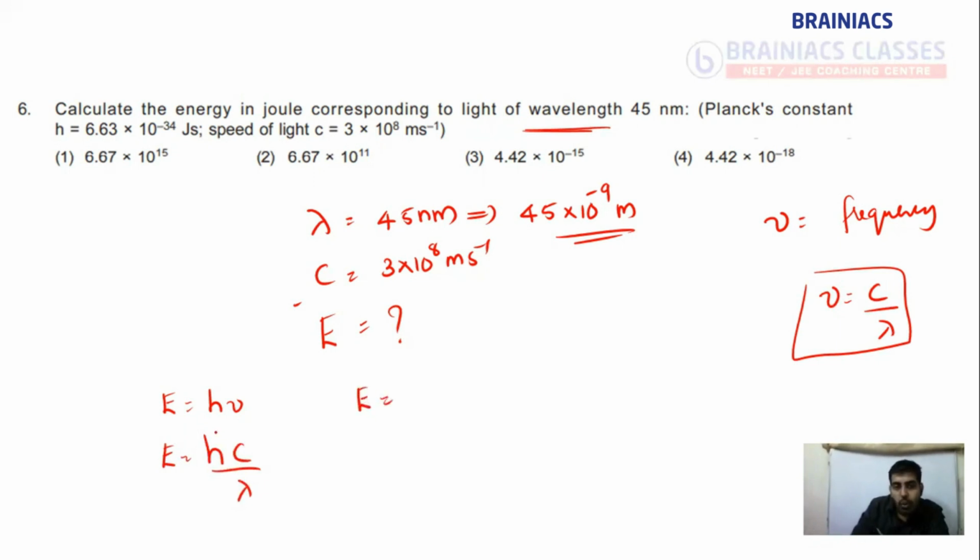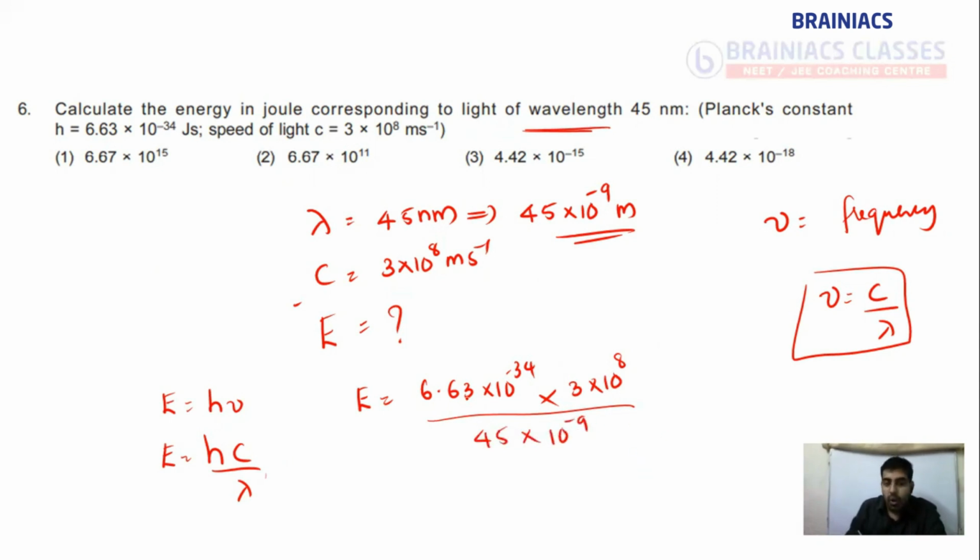So, E is equal to, what is the value of h? 6.63 into 10 raised to minus 34, into velocity of light 3 into 10 raised to 8 meter per second, divided by wavelength lambda, which is equal to 45 into 10 raised to minus 9 meters. Now, after multiplying these two values and dividing by 45, you will get 0.442 into 10 raised to minus 17.